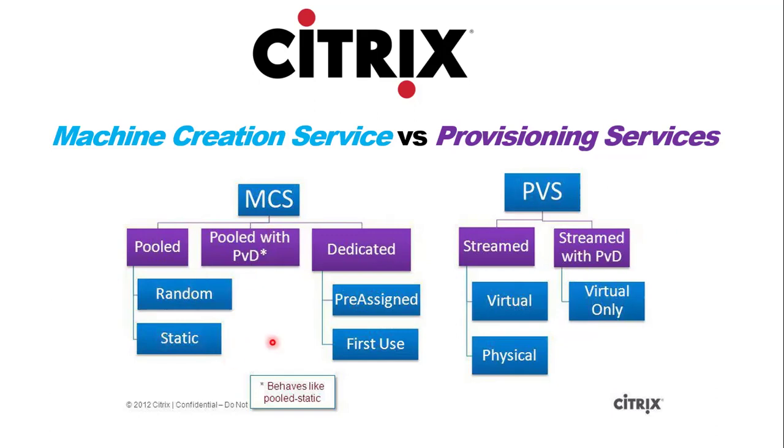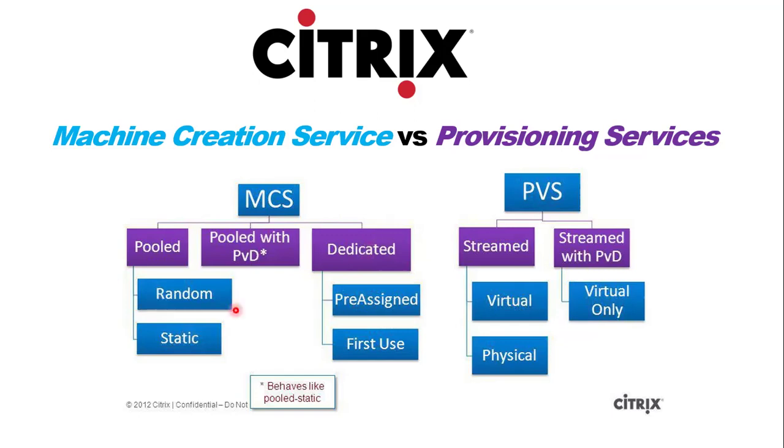Static is also known as dedicated. If I talk about the types of VDI, in production they have non-persistent and persistent VDI. Persistent VDIs are the dedicated ones, and non-persistent VDIs are the random ones.